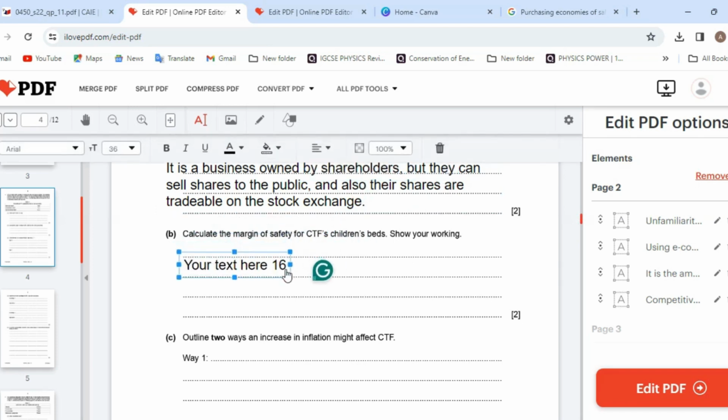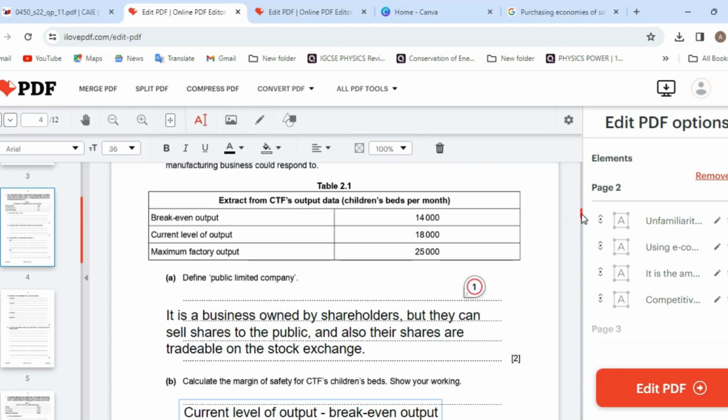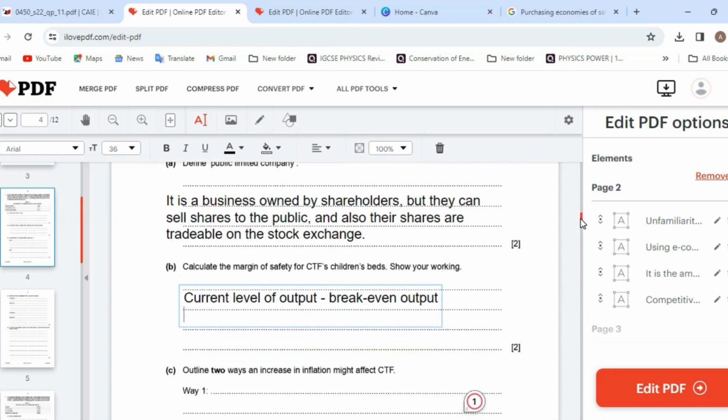Now let's write out the formula here. The current level of output minus the break-even output. Now let's see what we have for our current level of output. We have 18,000.